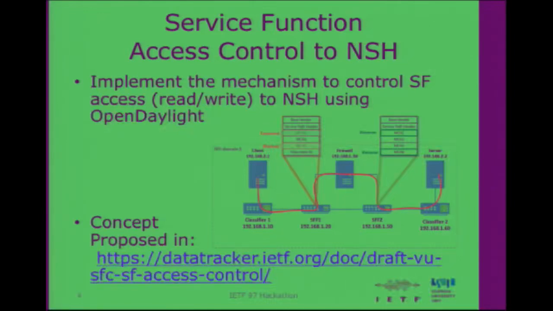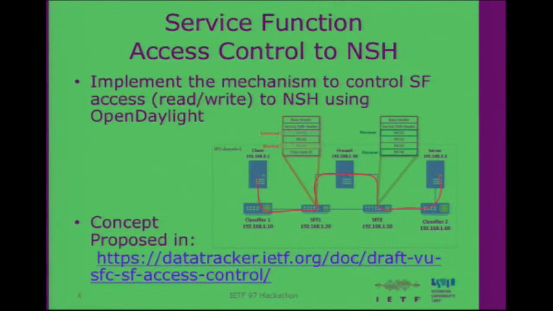However, the time is very tight, so we don't have enough time to make the API or the configuration part. But also, in the development process, we realized that we need an agile model for the access control list of the service function.